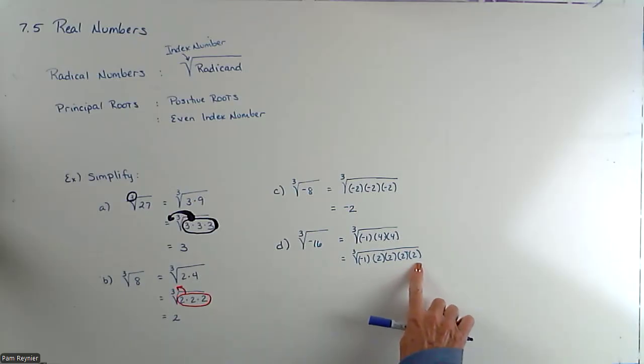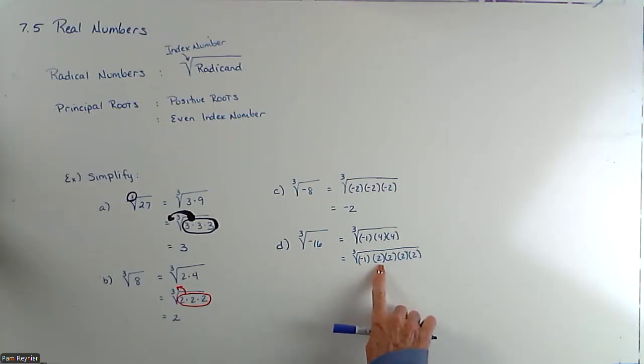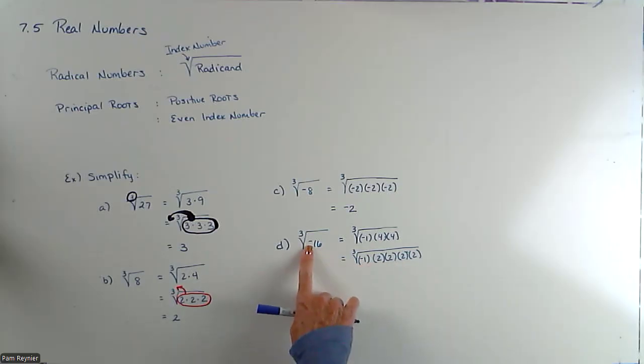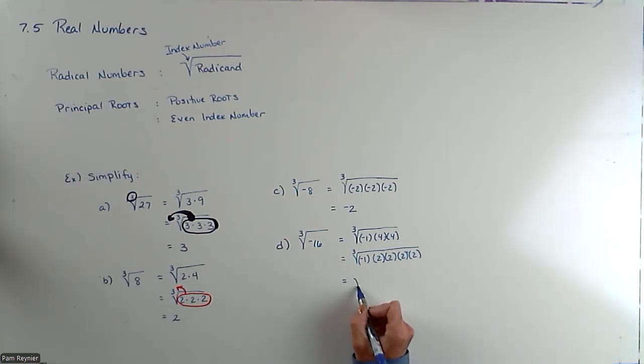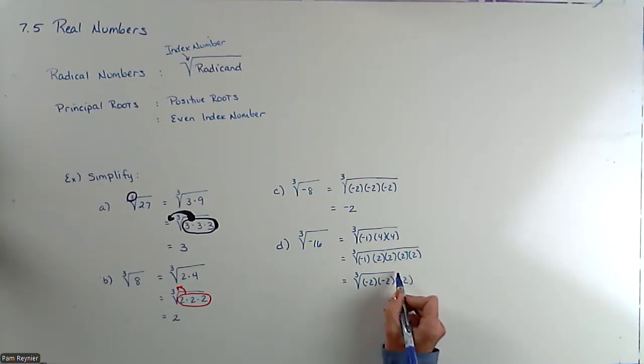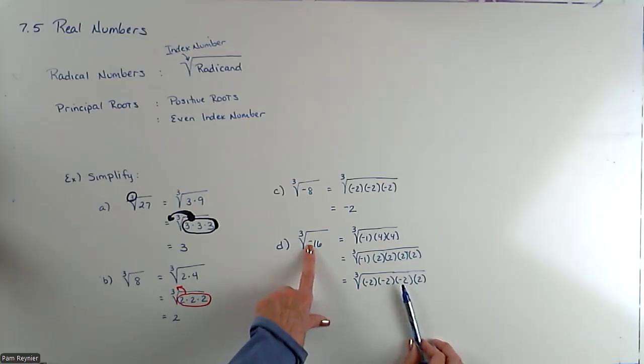So ultimately, I still have a negative. And notice, I just need an odd number of these to be negative in order for 16 to be negative. So I'm going to rewrite this as -2 times -2 times -2. That's going to give me a negative result. And I'm going to leave this last one positive. Negative times a negative is positive, times a negative is negative. 2, 2, 2, 2 gives me 16.